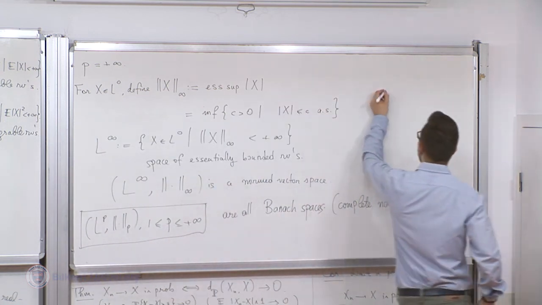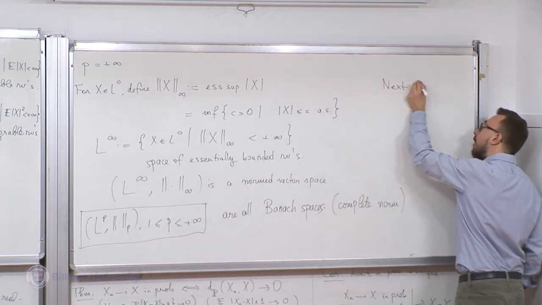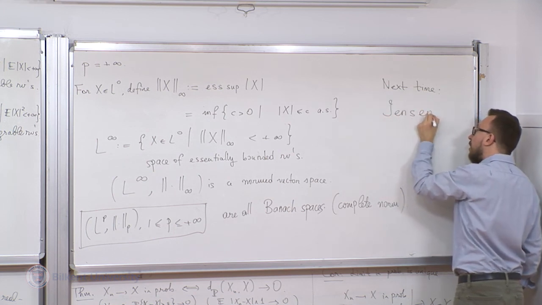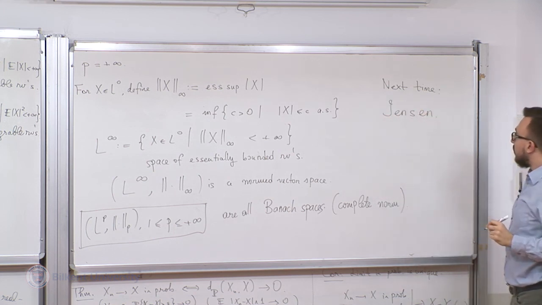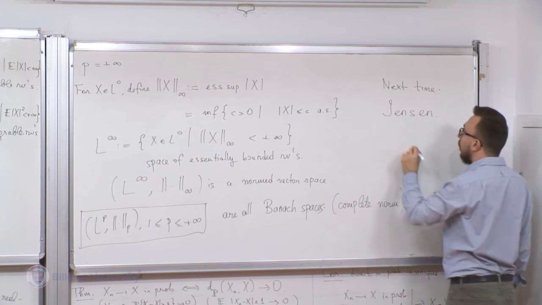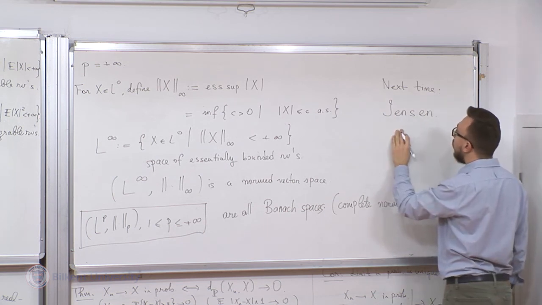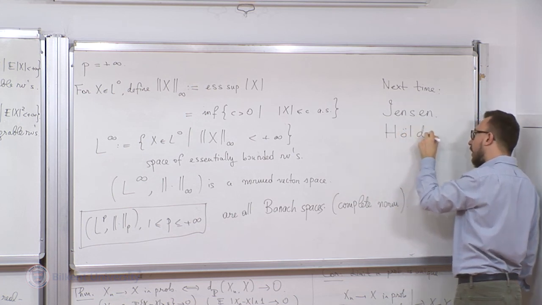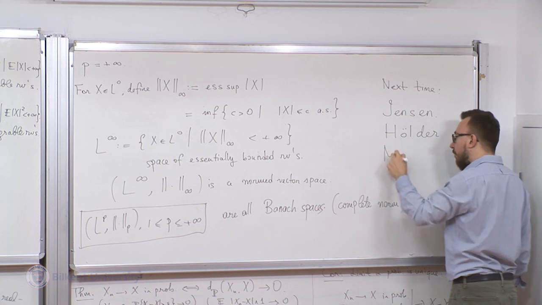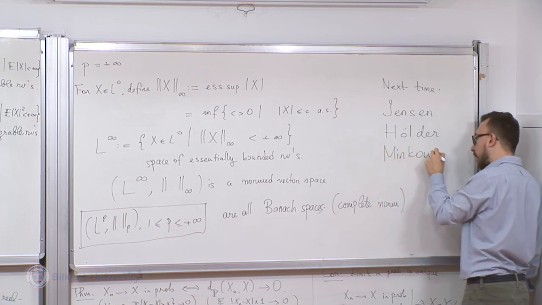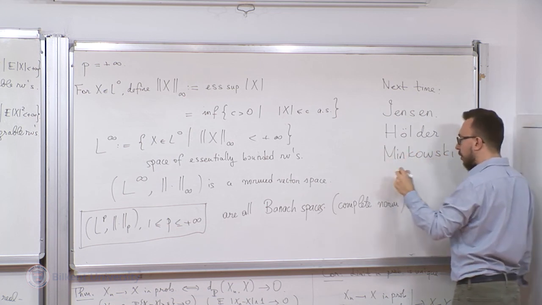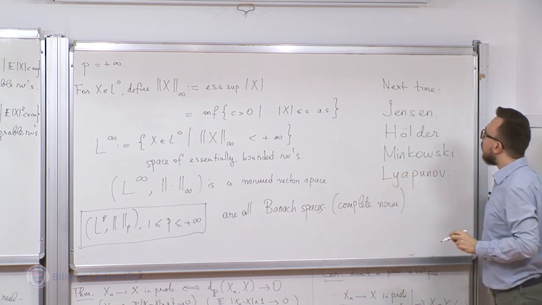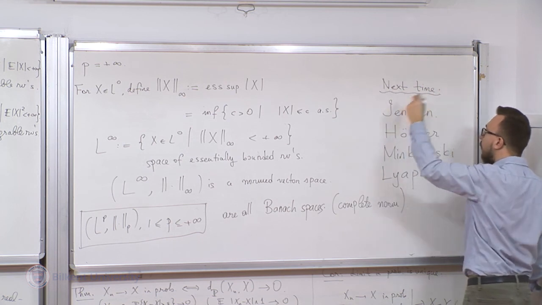Next time, we're going to prove the following very famous inequalities: Jensen's inequality, Hölder's inequality, Minkowski's inequality, and also Lyapunov's inequality.